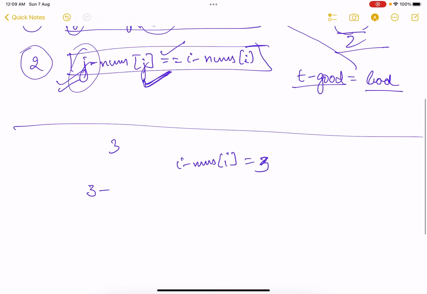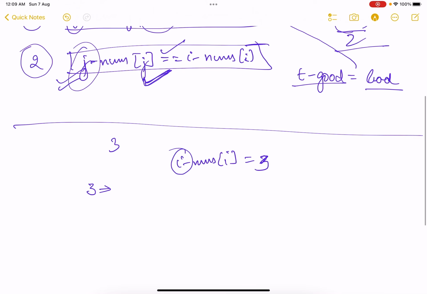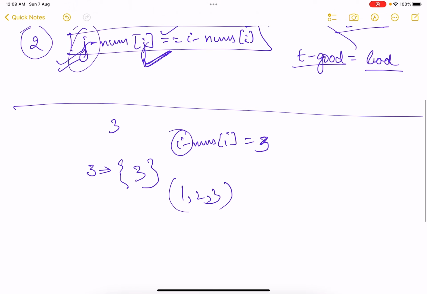How many values of i satisfy this condition? Suppose there are 3 values. Let's assume 1, 2 and 3. These 3 indices satisfy this value. So you calculate how many pairs you have here. So it can be 1, 2, 3. So you can do all this stuff.